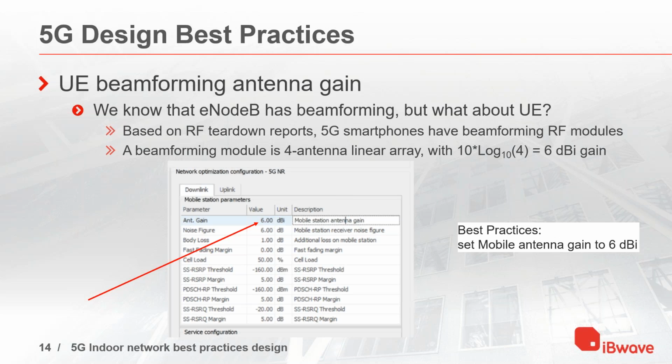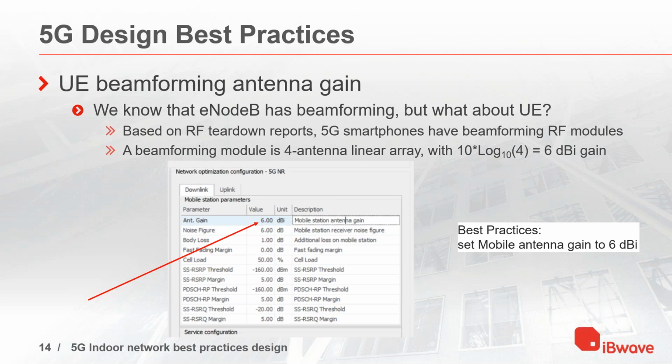Each of those modules is a 4 antenna linear array. So why do they have 2 modules? It's because of the polarization. Each of those 2 modules has a different linear polarization. One is plus 45, the other one is minus 45 degrees.